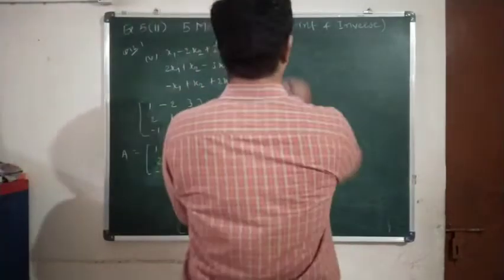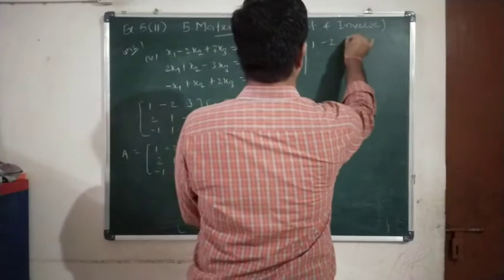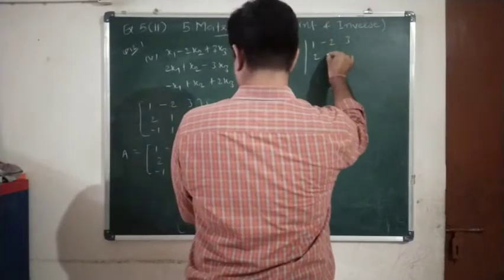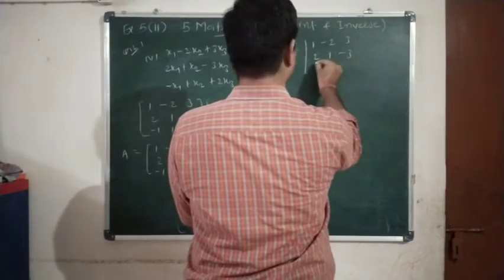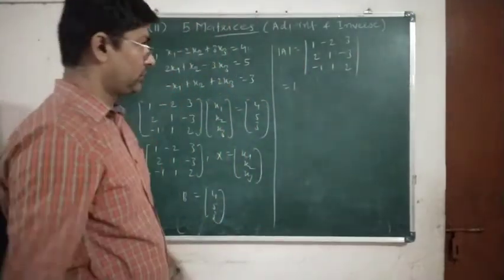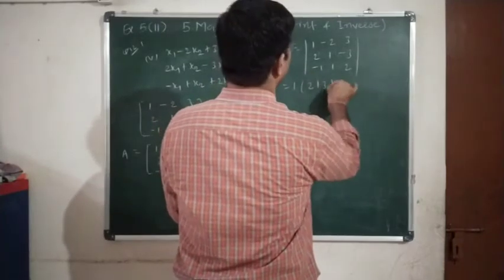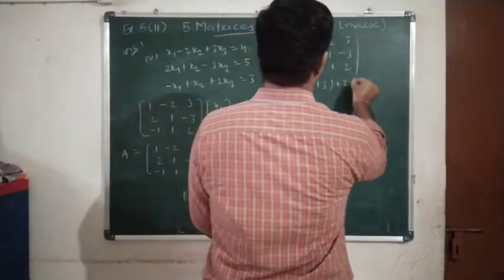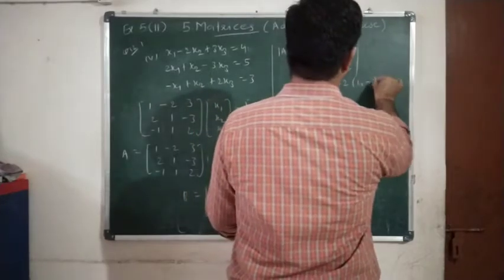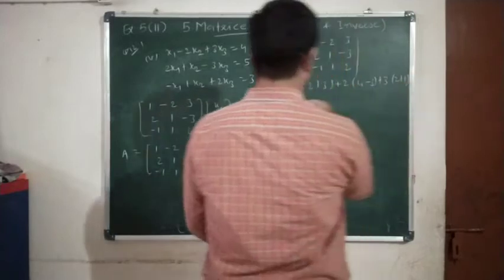Now first of all let us calculate the determinant of A. Determinant of A is 1 minus 2 3, 2 1 minus 3, minus 1 1 2, expanding along the first row: 1 into 2 1s are 2 plus 3, plus 2 into 2 2s are 4 plus 3, plus 3 into 2 1s are 2 plus 1.